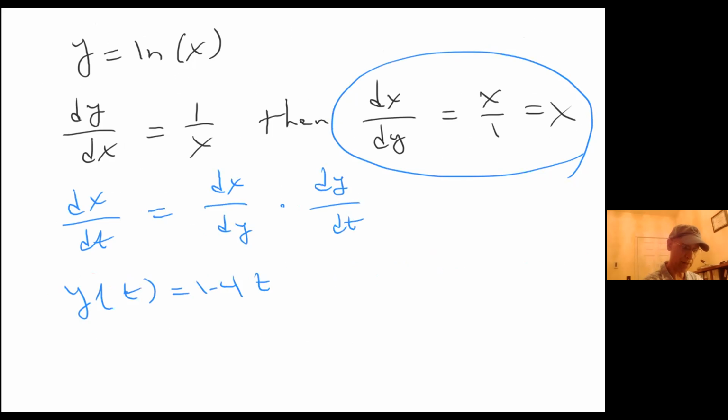So y prime, or dy dt, equals simply 1.4. So I can plug in here.